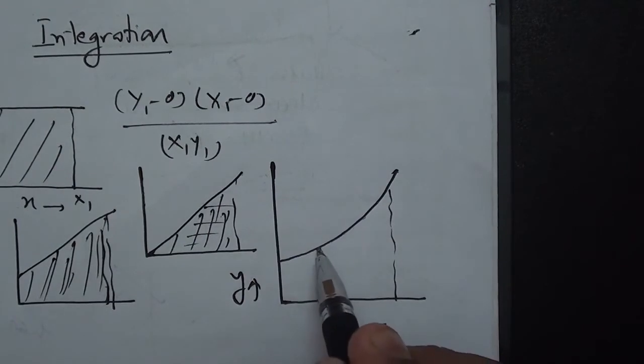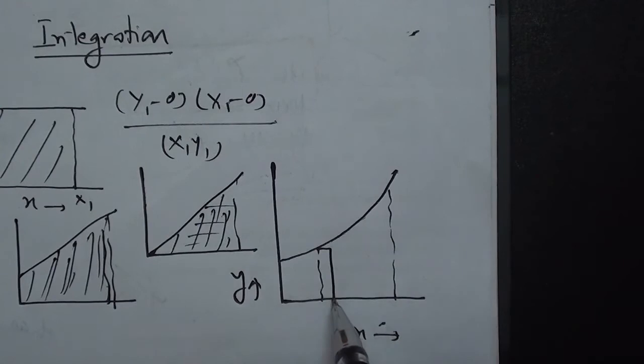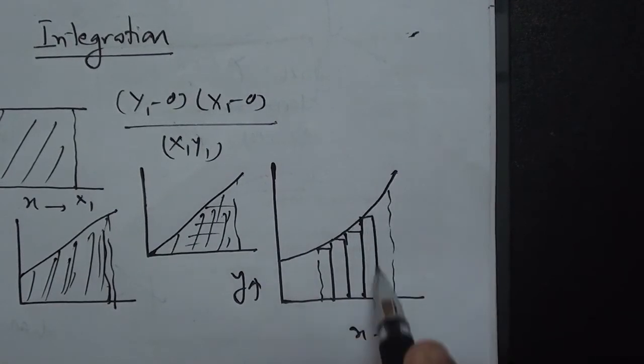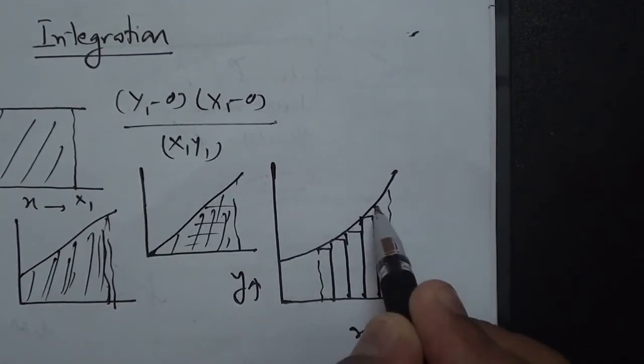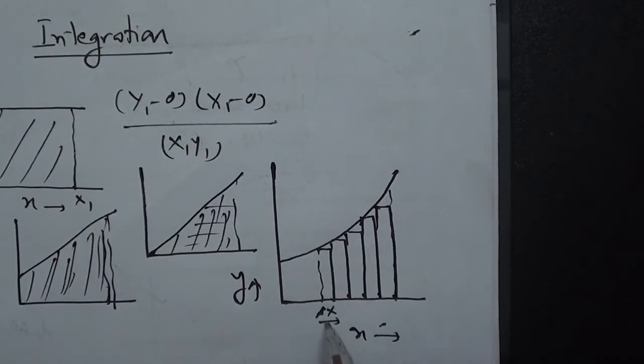What we can do is we can divide this region into small rectangles. It will be like this. And I can find out the area of these rectangles. Let the width of each one be del x.